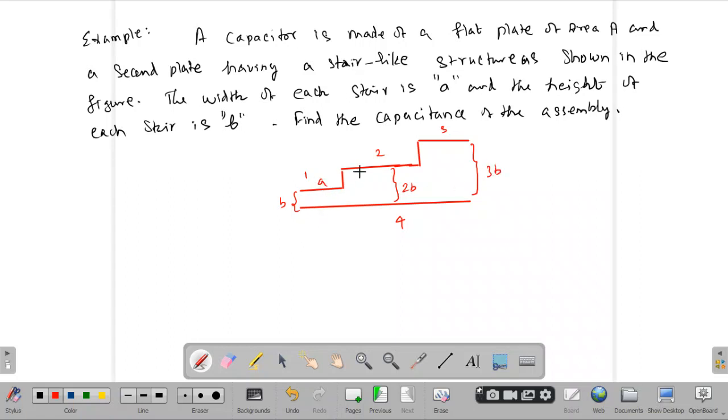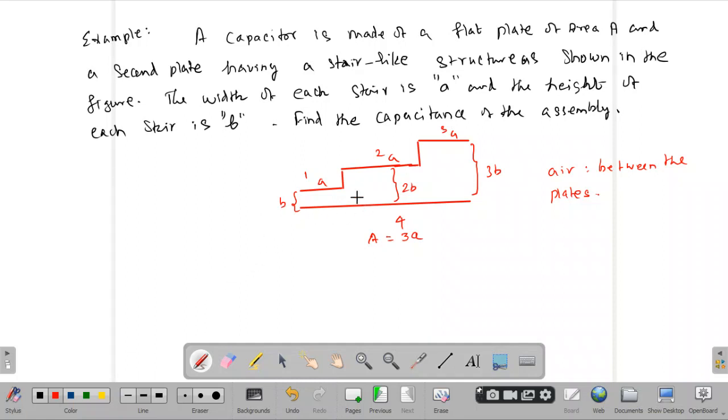This is A, A, A. Then the total area of the fourth plate equals 3 times A, and it is filled with the air medium. Nothing else is mentioned, so air is between the plates.